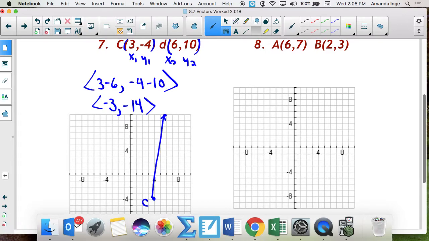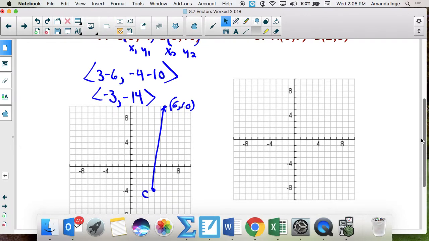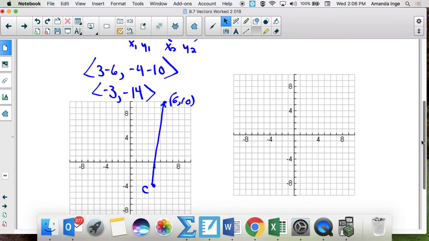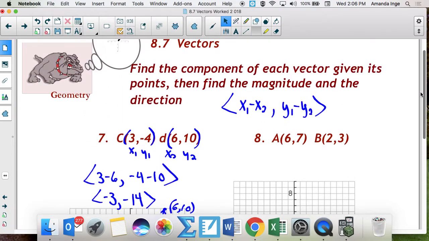We got something that looks like that. So what we're doing is we're moving it so that it would be in standard form. Okay?